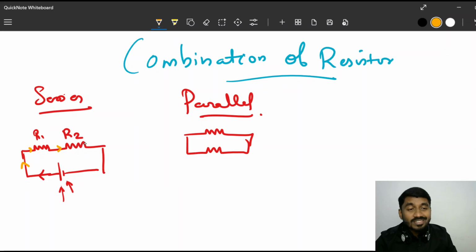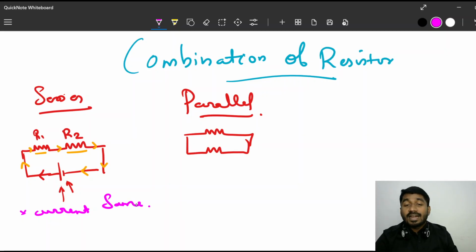Here there is no other way for the current to pass through, so only one current, the same current, passes through R1 and R2. So in a series connection, current will be the same. Write the first point: current will be the same for series connection.